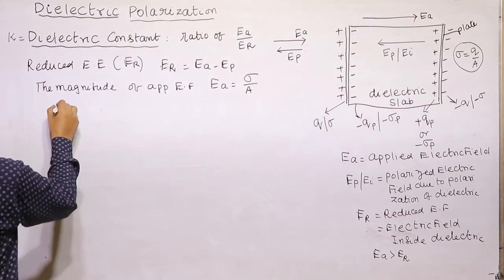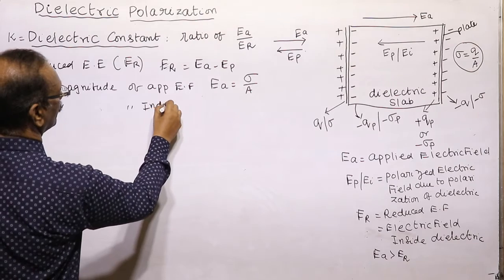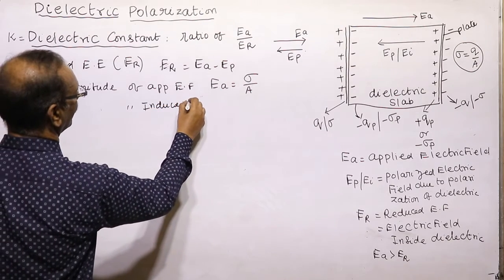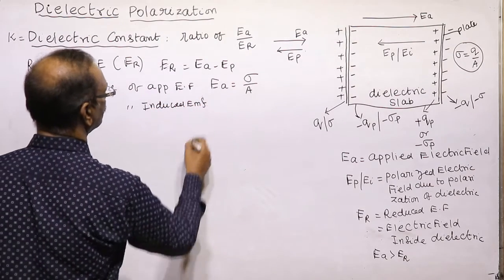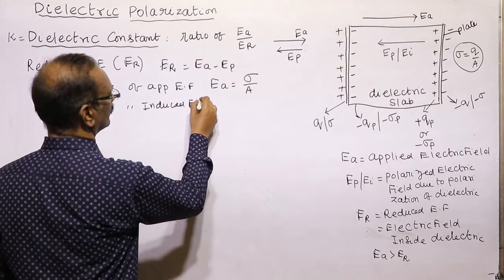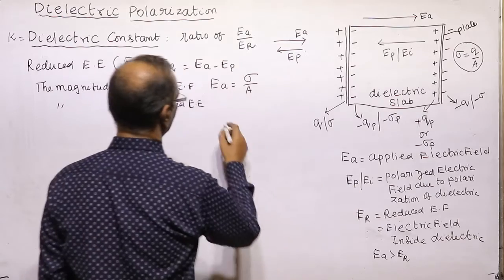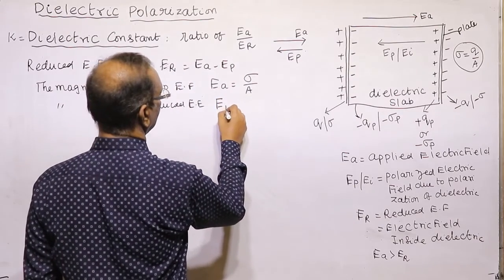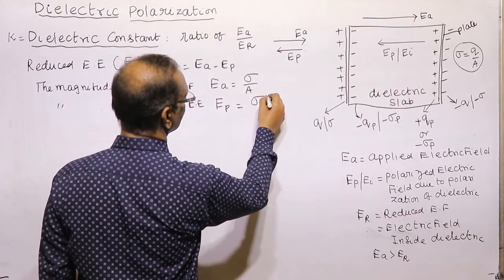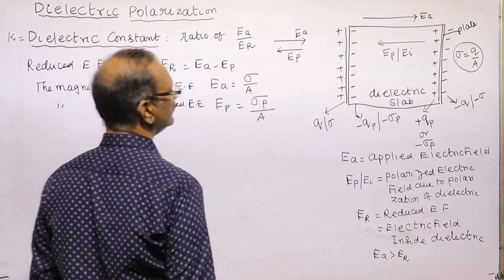And the magnitude of the induced electric field, we can write E P is equal to the surface charge density of the polarized charge divided by epsilon naught.